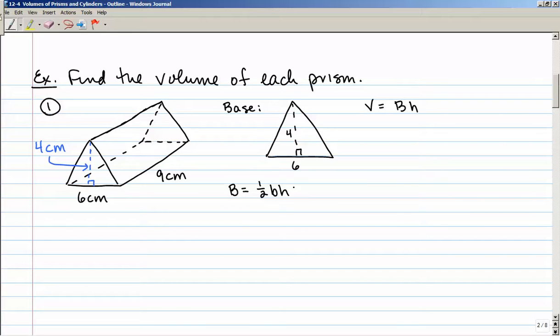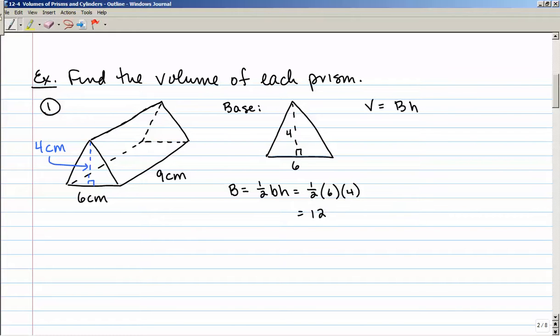Now again, don't get confused. Big B means the area of the base. Little b here refers to the linear length of the base of the triangle. So 1/2 times 6 times 4, or the area of this base is going to be 12 centimeters squared.